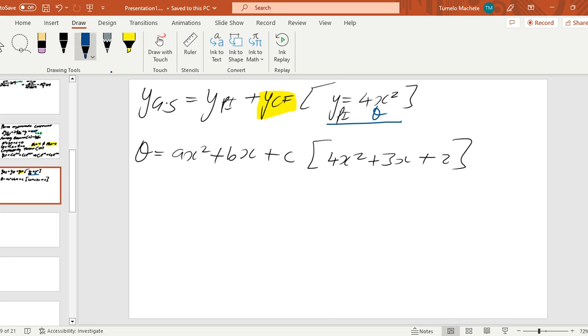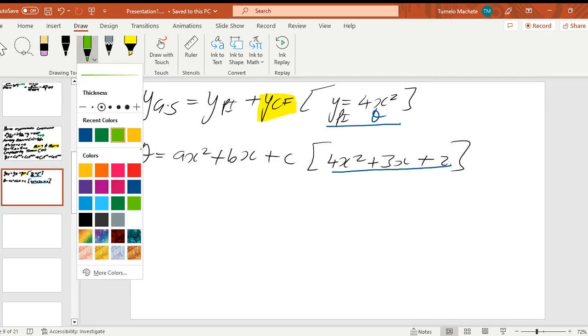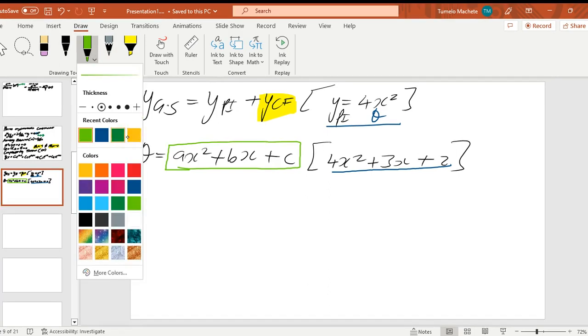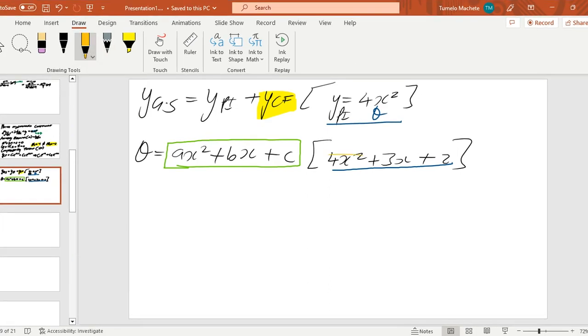You'll get an equation like this, and you have to convert it to the standard quadratic form. In our case we only have 4x squared.